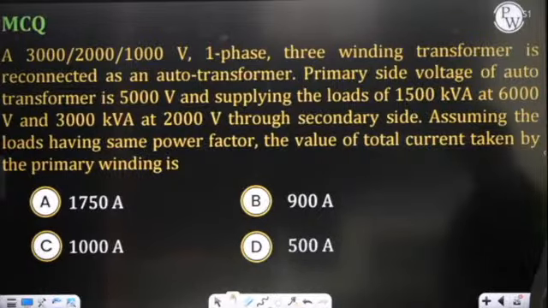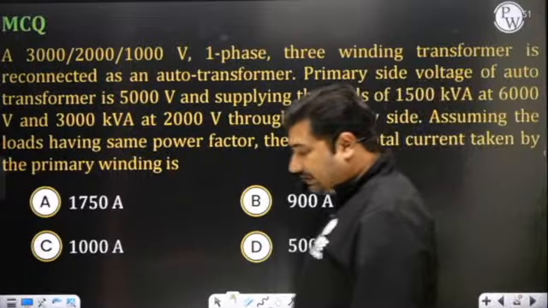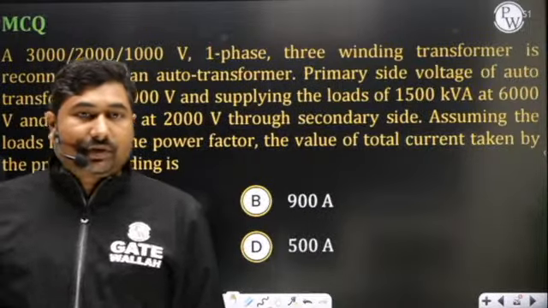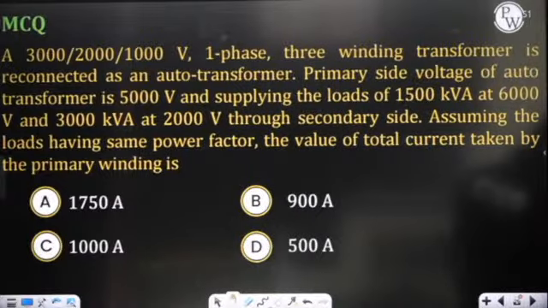It is reconnected as an auto transformer, the primary side voltage of the auto transformer is 5000 volt, supplying a load of 1500 kVA at 600 volts and 3000 kVA at 2000 volts on the secondary side. Assuming the loads have the same power factor, find the total current taken by the primary side. You want to try?